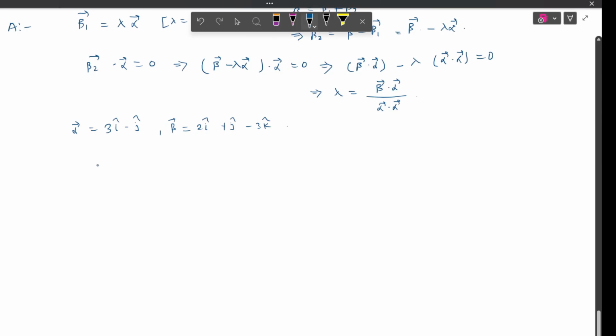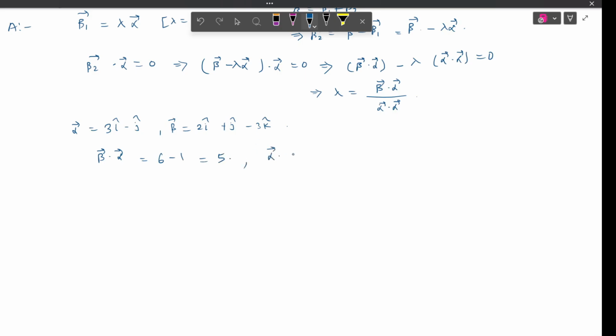So what should be our beta dot alpha? Beta dot alpha, that is i dot i is 1, so 3 into 2, that would be 6. j dot j is 1, so 1 into minus 1, that is minus 1, and there is no k, so it would be 5.